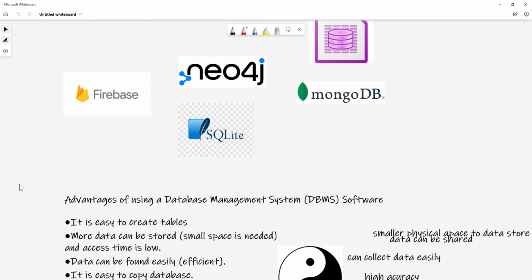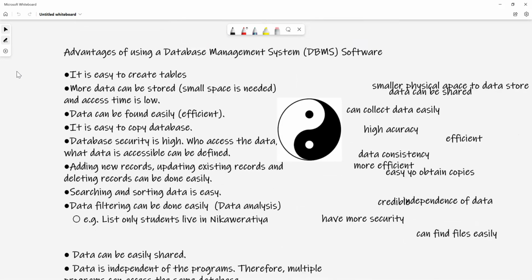And then we discussed the advantages of using such software. For example, you need very small space to keep the data.